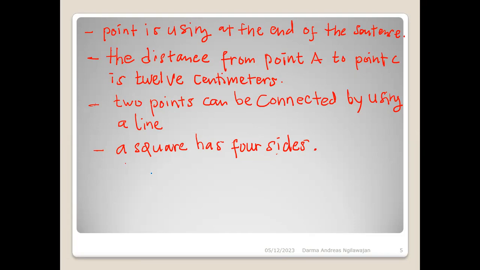Apa yang Anda tahu dari geometri bidang datar untuk koordinat Cartesius? What do you know about Cartesian coordinate?